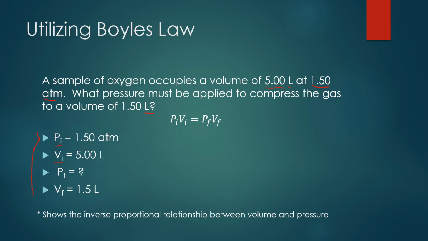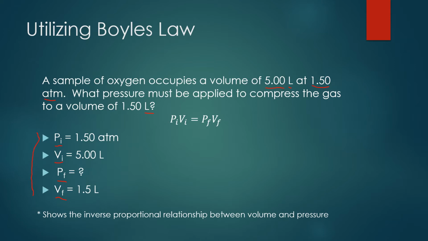So I have my initial pressure, my initial volume. The question's then asking me what pressure needs to be applied if I want to compress that gas down. So it's saying my final volume I want to be 1.5 liters. So at that 1.5 liters, what is my final pressure? So I put a question mark by P sub F because that's what I'm trying to solve for.